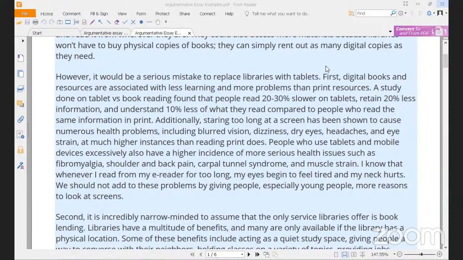I understand this paragraph, that people reading digital books don't understand completely the difference that people reading physical books do.